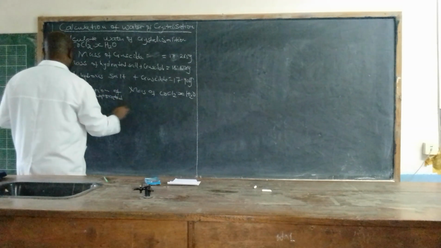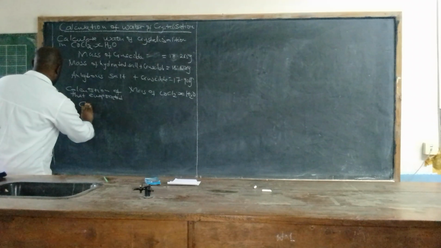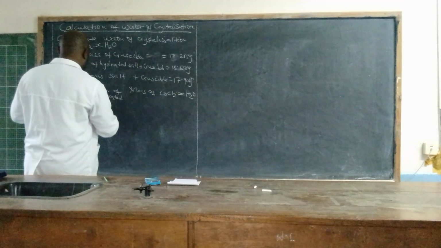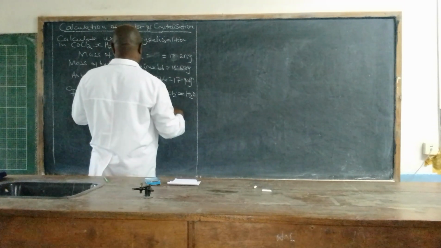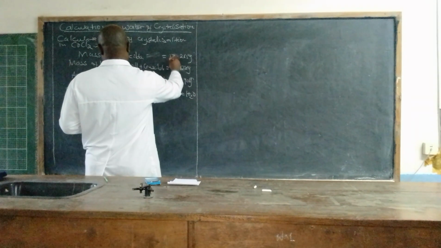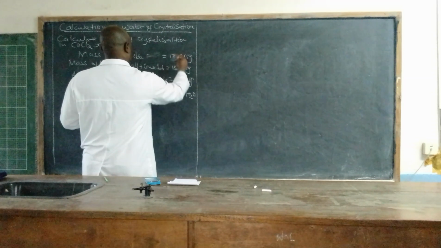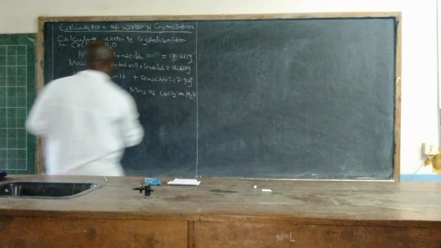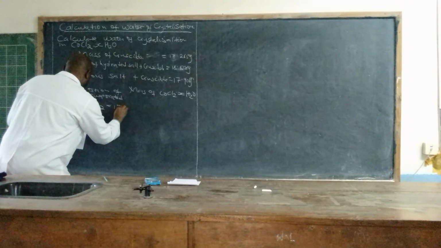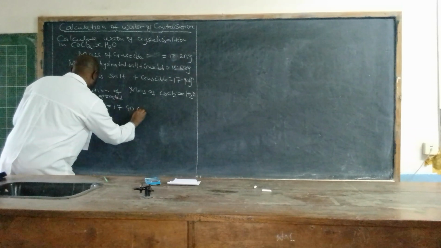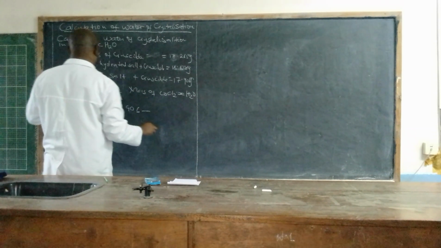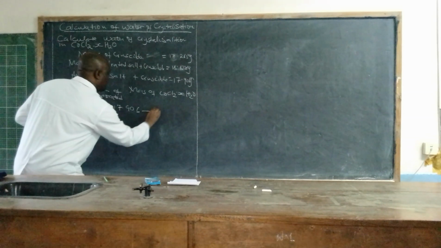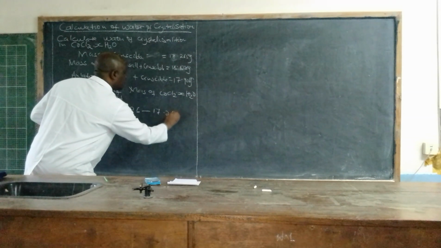We write cobalt chloride is equal to the mass of the crucible plus anhydrous salt, 17.906, minus the mass of the crucible, 17.265.